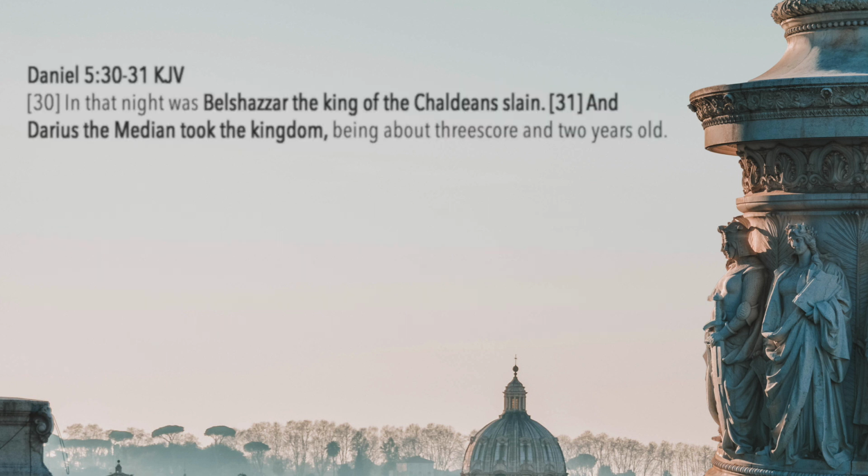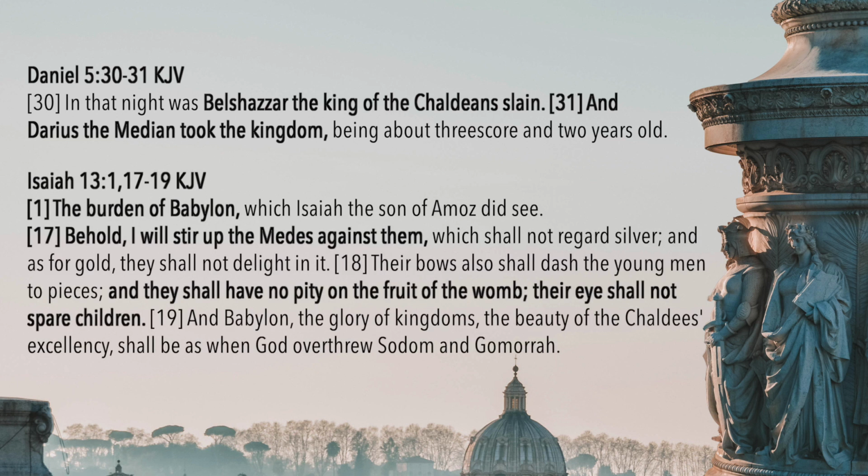In Daniel chapter 5 and verse 30 we read, "In that night was Belshazzar the king of the Chaldeans slain, and Darius the Median took the kingdom." The book of Isaiah is even more explicit and vividly portrays the nature of the Medes in their destruction of Babylon. Isaiah chapter 13 reads, "The burden of Babylon, which Isaiah the son of Amos did see.